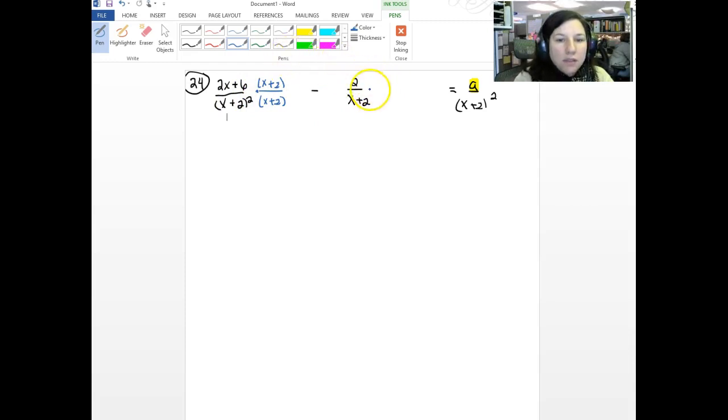And then on this side, we need an x plus 2 squared and an x plus 2 squared, all right? I haven't changed the value at all because anything divided by itself is just 1. So really I'm multiplying these by 1, okay? Then your next step is going to be to distribute here, okay? And then same on this side.